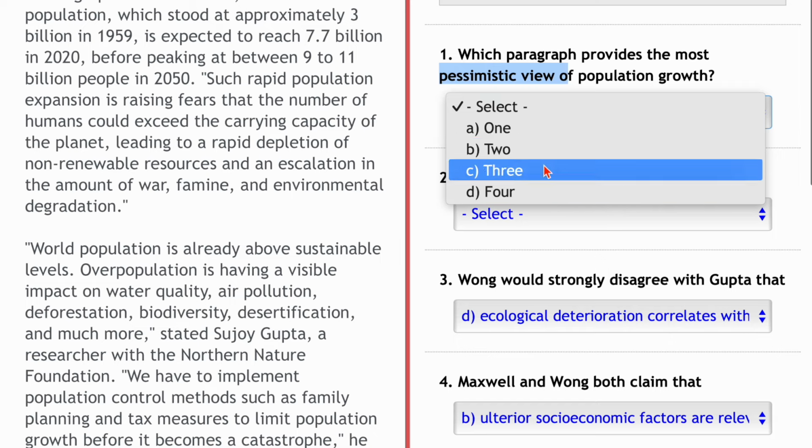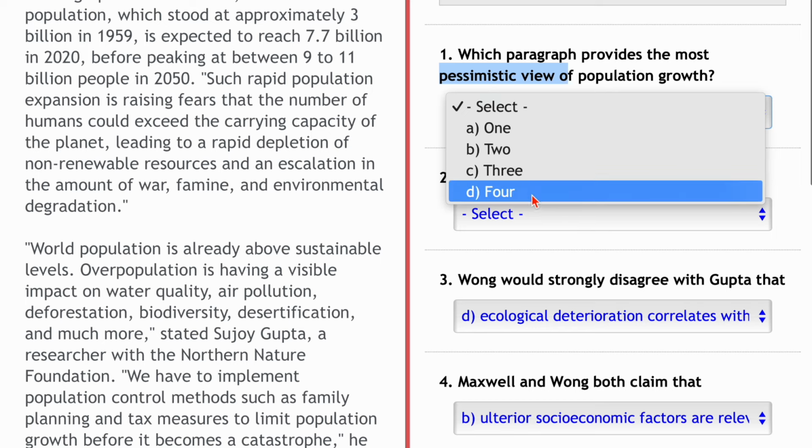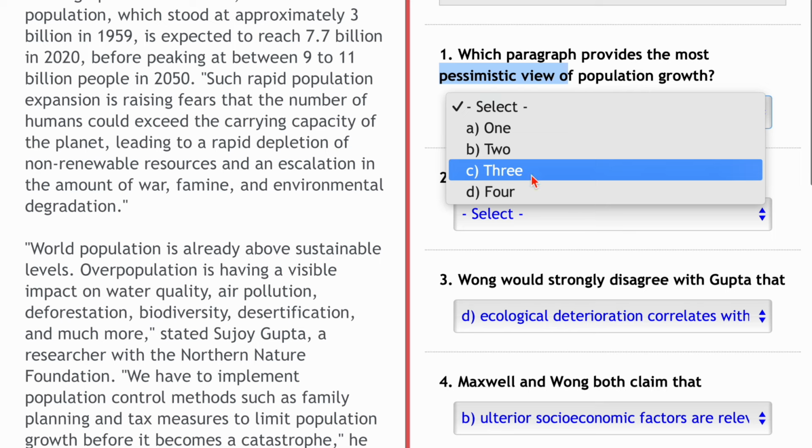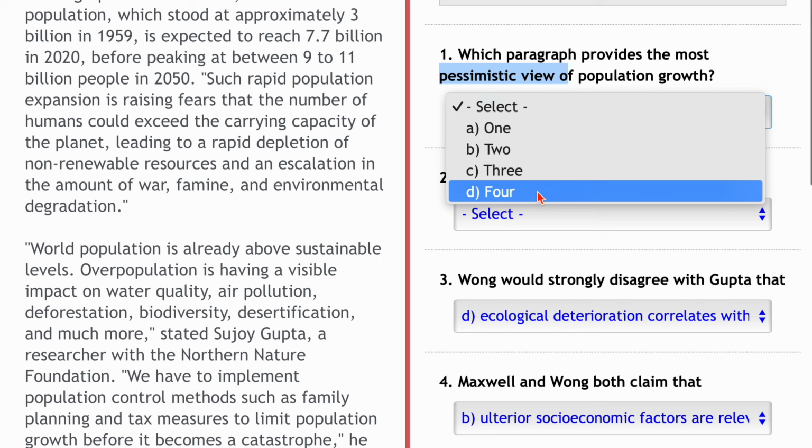So definitely not 3 or 4, right? Because Wong, she didn't really believe the population is growing. She said it's declining in big cities. And Maxwell said population growth is not a problem at all. So not C or D.